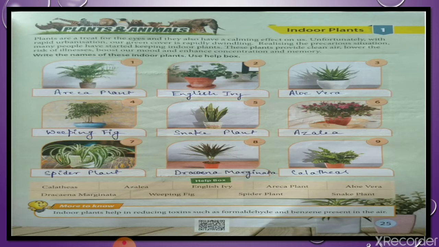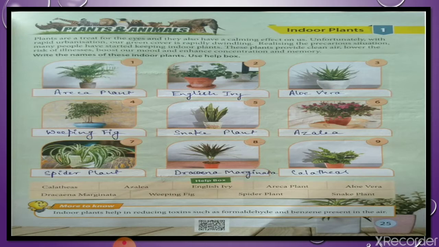Sixth plant, this is the Aglaonema. This plant also has very good air cleaning capacity. Along with it, it has a major use in the treatment of arthritis, itching, and it has very good analgesic and sedative properties also. Then seventh plant, this is the spider plant.